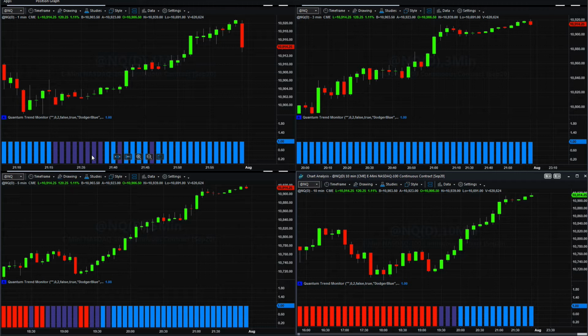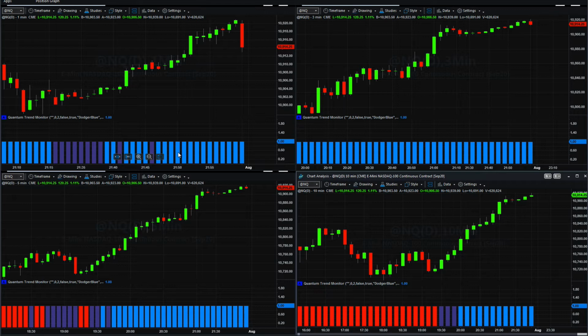In that particular example, if we're in a bearish trend, we're going to be bright red. Then perhaps we come to a pause point, we maybe go to dark red. Then perhaps we go to darker blue, and ultimately as the trend develops into the bullish phase, we then come out the other side into the bright blue.